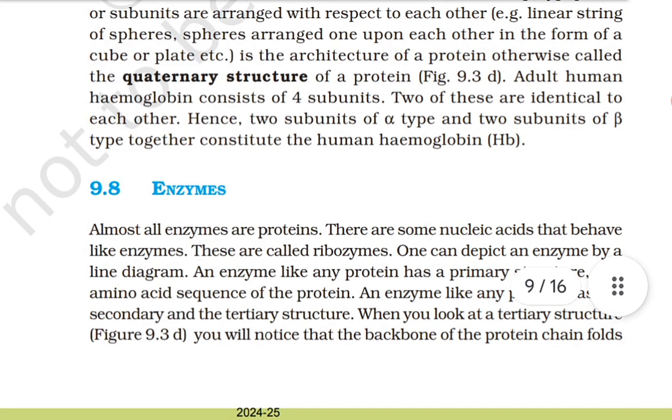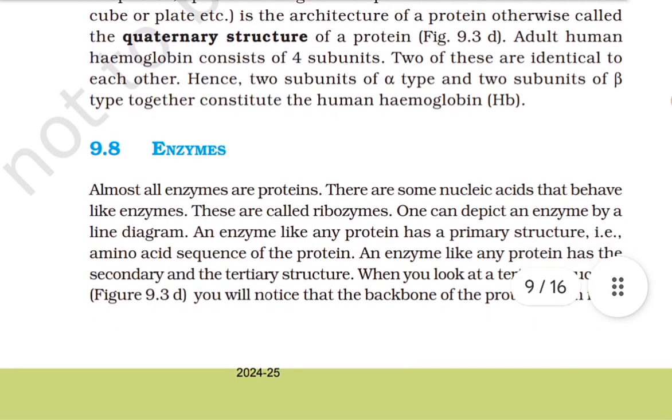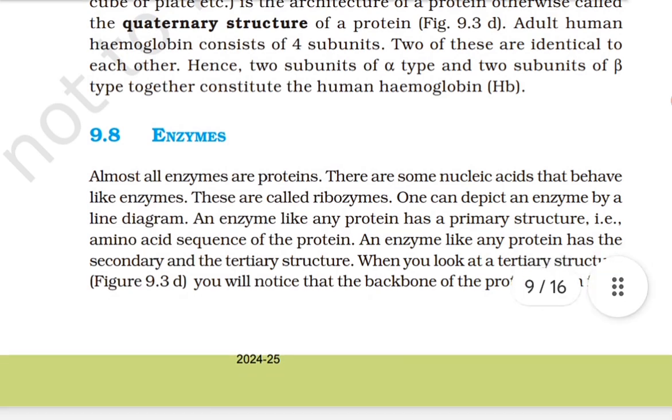Rate of a physical or chemical process refers to the amount of product formed per unit time. It can be expressed as rate is equal to delta P upon delta T, meaning product upon time. Rate can also be called velocity if the direction is specified.